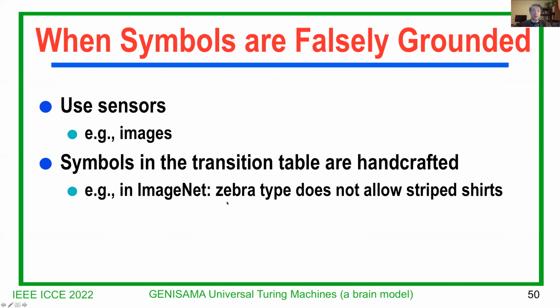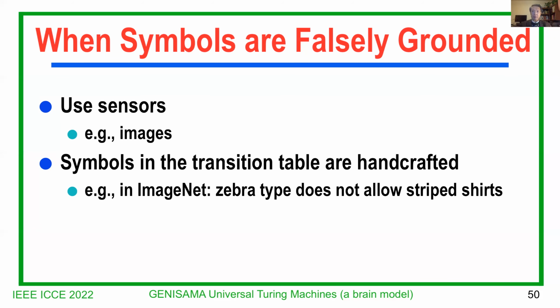So in ImageNet, the zebra type does not allow a striped shirt. In other words, although you can have a program that recognizes stripes, you call it zebra. If the input is a striped shirt, you still call it zebra. What's the problem? It's a handcrafted set of symbols. The symbols include zebra, but do not include striped shirt. You see the problem? So it's falsely grounded.